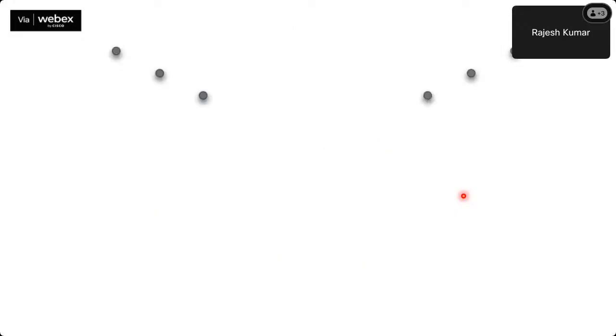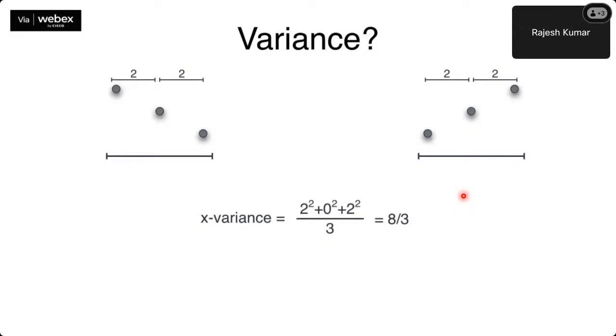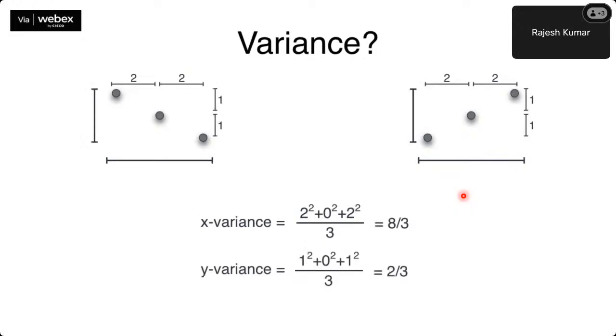Well, it works fine, but check this case. Now in this one, you can see the mean value will be the same. What about x variance? That is also the same. If I go for y variance, that is also the same. But you can see the patterns are different. So what is the way to do it?